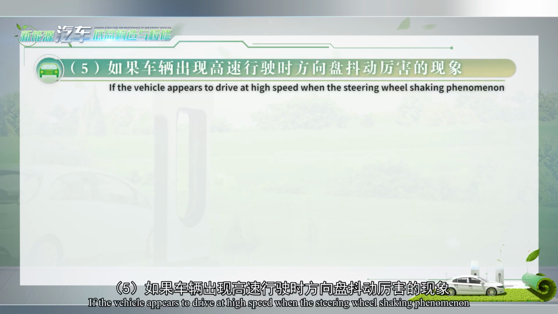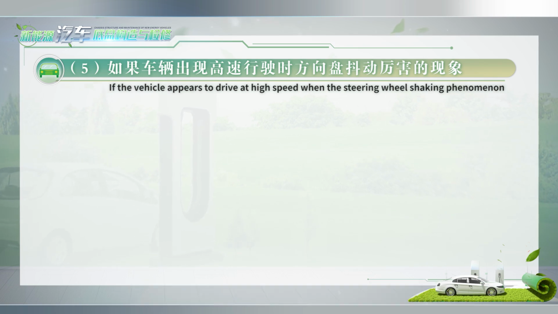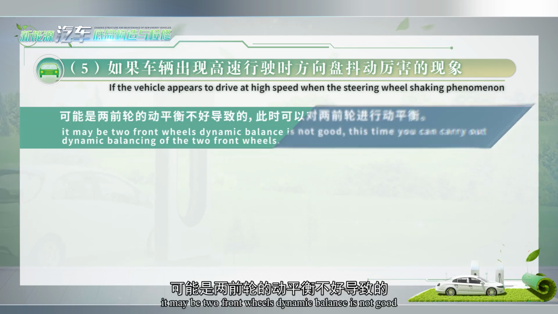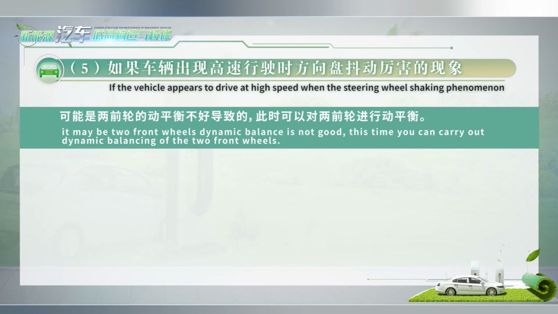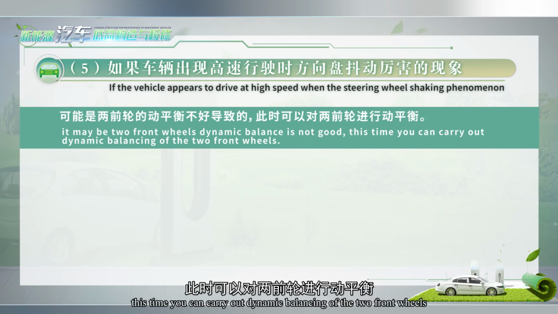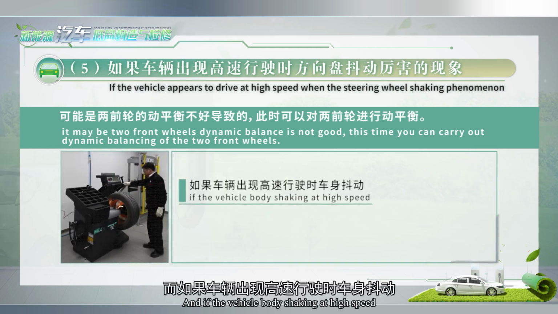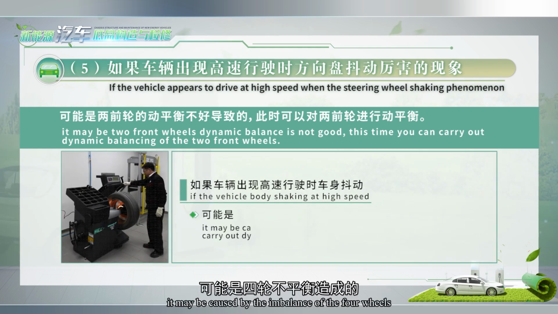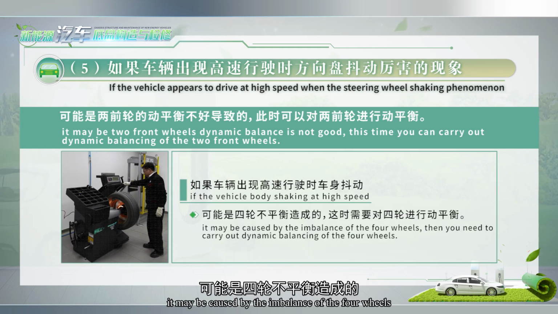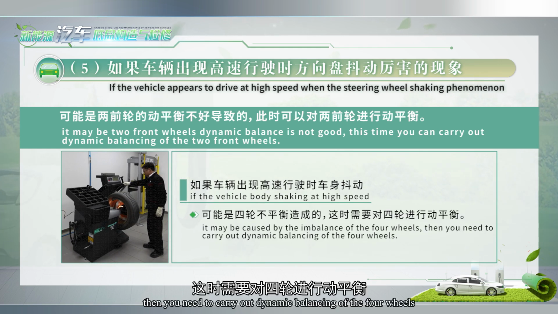If the steering wheel shakes when the vehicle drives at high speed, it may be that the front wheels' dynamic balance is not good. In this case, you can carry out dynamic balancing of the 2 front wheels. And if the vehicle body is shaking at high speed, it may be caused by the imbalance of the 4 wheels. Then you need to carry out dynamic balancing of the 4 wheels.